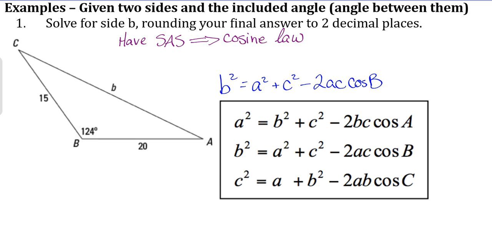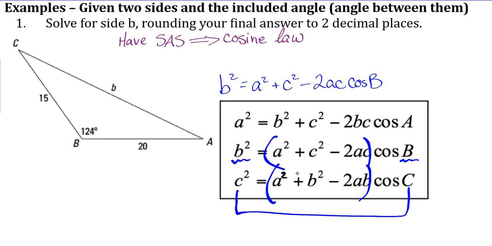You might have noticed the pattern with all of these different versions of the cosine law. We've got the side that we're interested in and the angle that it corresponds to on the outside edge here, and then all of the rest of the calculations use the other sides in the triangle that are values that we have. So here I'm solving for b. I've got angle b, and then I'm using sides a and c to do the rest of the calculations.